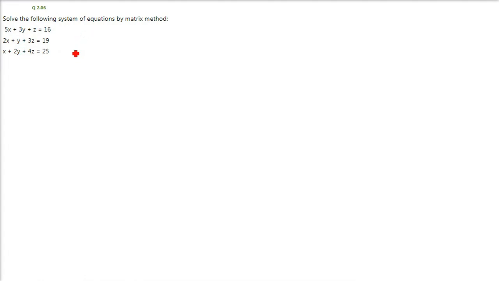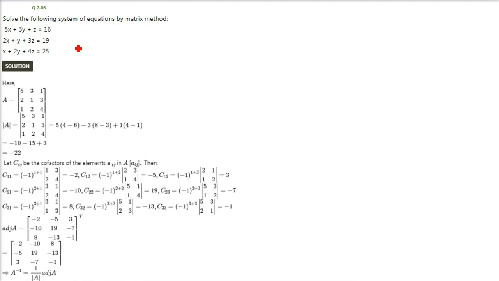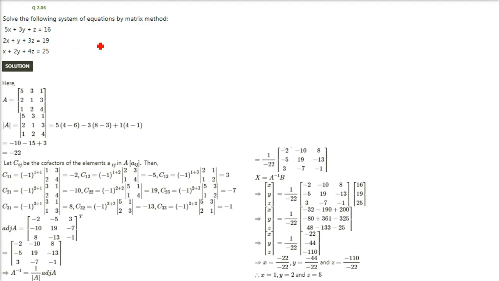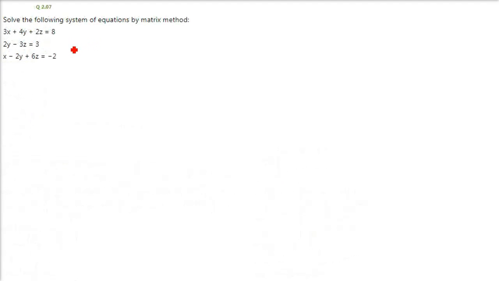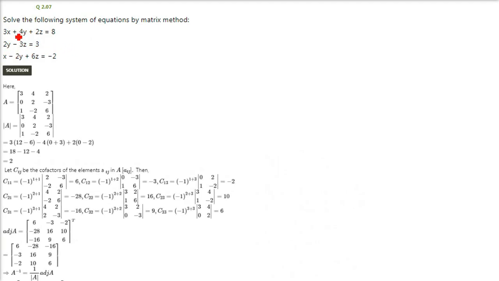So this kind of questions are plenty of these. I will encourage you to do all of it, and if you have any problem, then only you can refer to these answers which I have provided. Okay, so wherever you don't have any variable, you can put a 0. For example, this 0x, so you can put a 0 here.